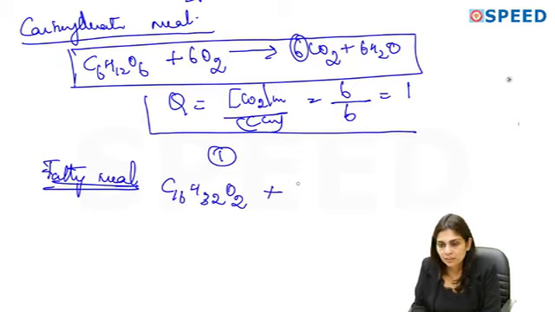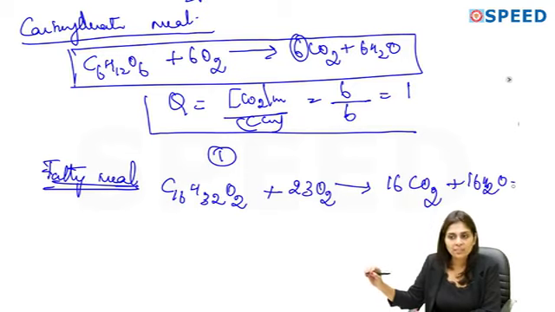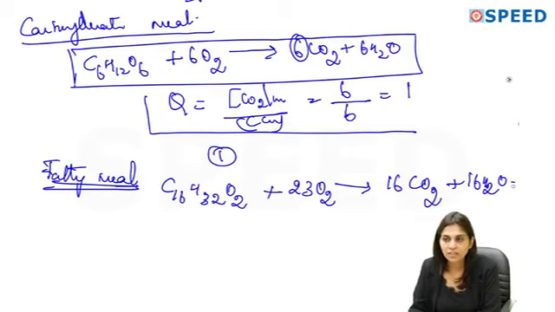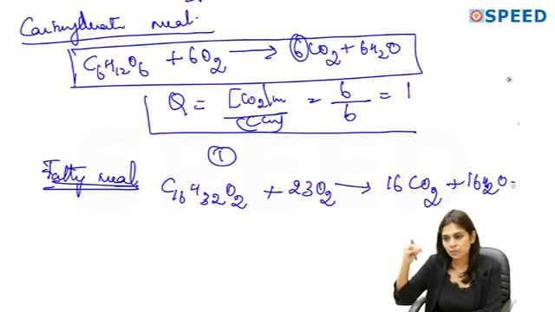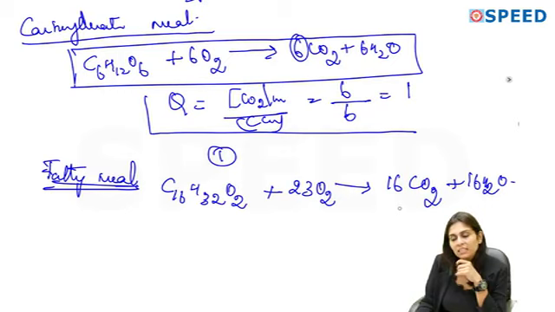This reacts with 23 molecules of oxygen to form 16 molecules of carbon dioxide and 16 water. It's always carbon dioxide and water which is produced by complete oxidation of any fuel in your body. So on the right side, you can close your eyes and say it's going to be carbon dioxide and water.